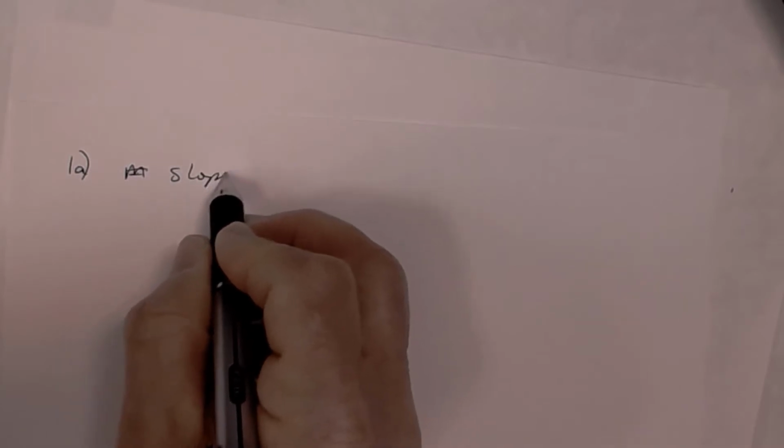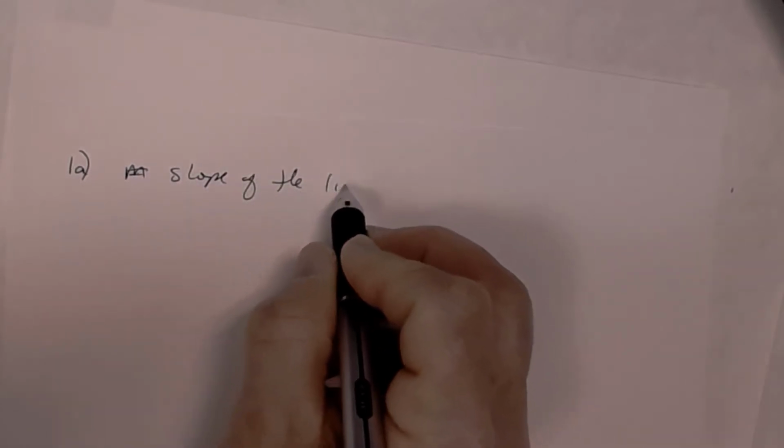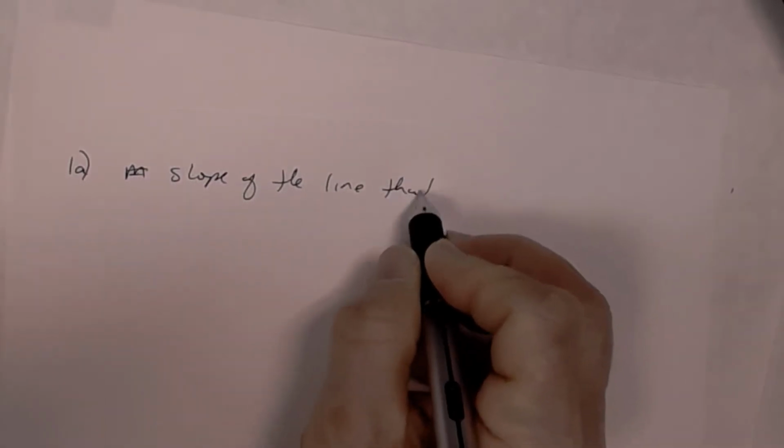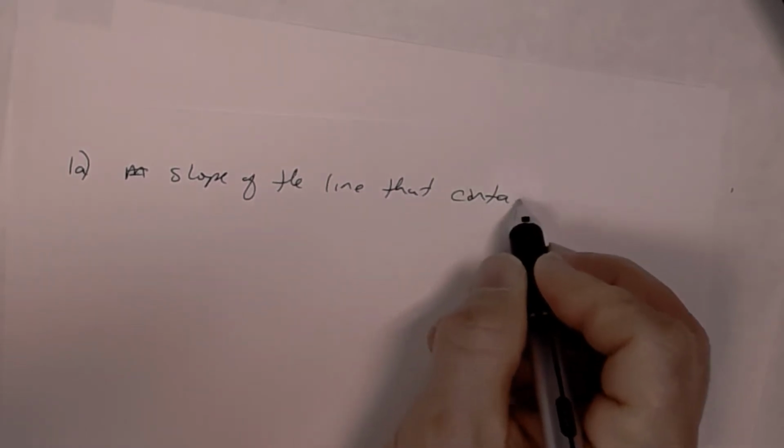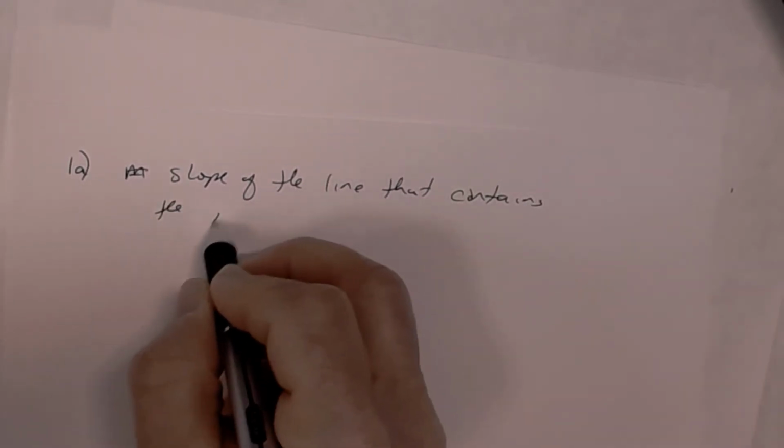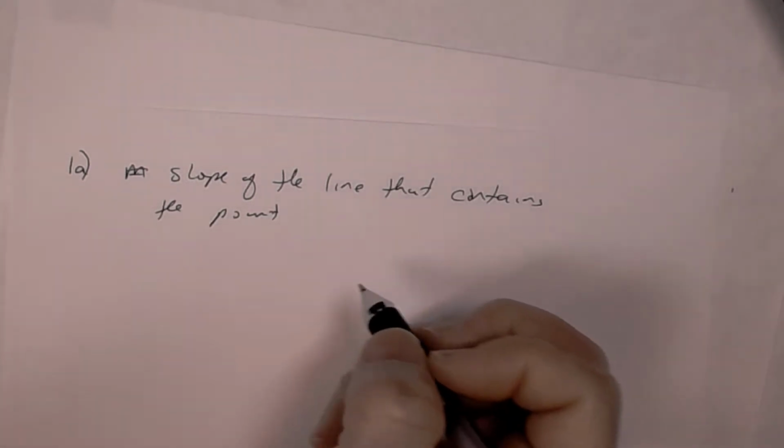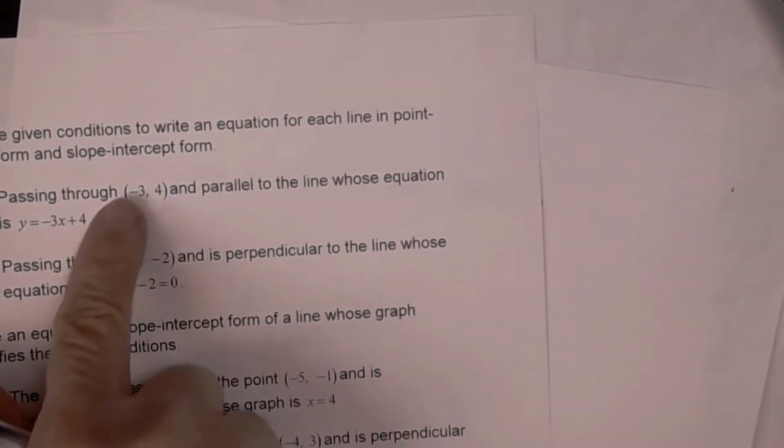All right, so number 1a. The slope of the line that contains the point, and remember, I'm interested in the slope of the line that passes through this point, right?